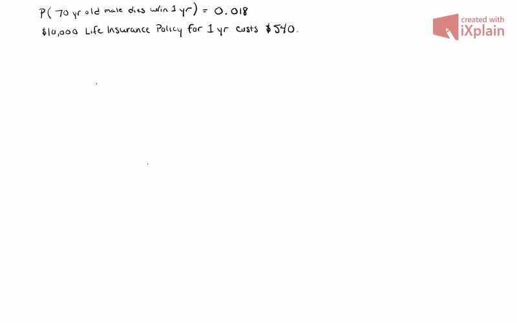We are going to be investigating a client by the name of John, who is a 70-year-old male, and he's gone ahead and taken advantage of this life insurance policy.